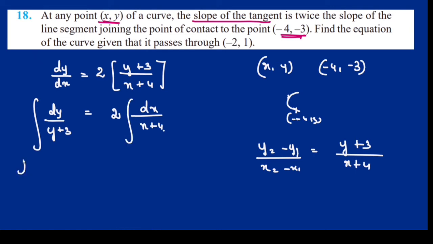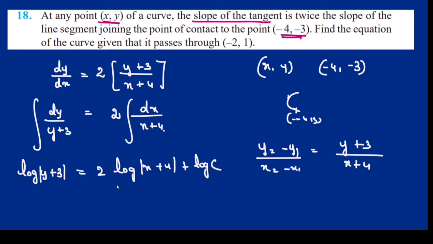So this is log y plus 3 is 2 times log x plus 4 plus, when you have log everywhere, you can put the constant also as log c instead of c, and later changing to e, you can always put it as c itself.